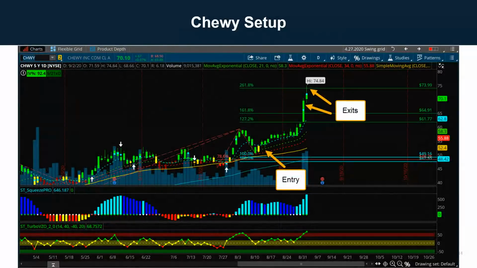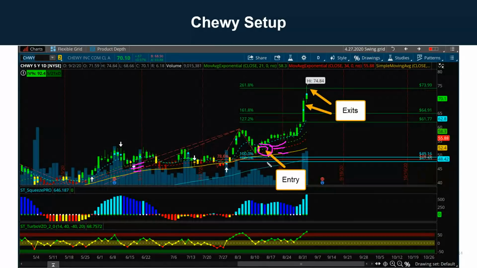Here's an example of one of my favorite moves on Chewy this year. There's a couple things that I want you to notice. I want you to notice the color of the trend strength candles here. I want you to notice the trend overall. You see how the trend is very strong? You can tell because these candles are green, okay? You can also tell because these moving averages are stacked.